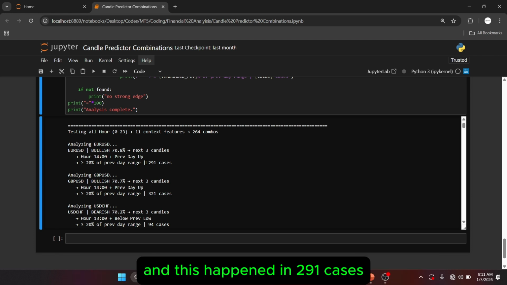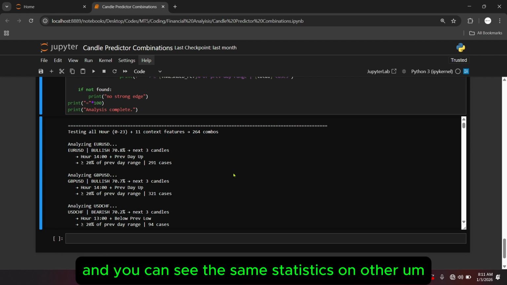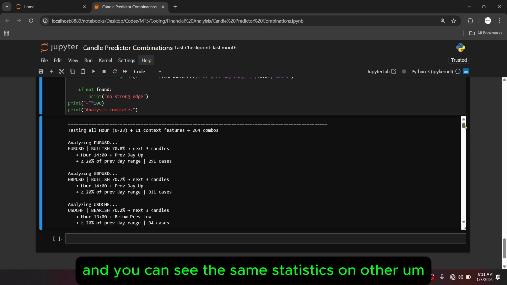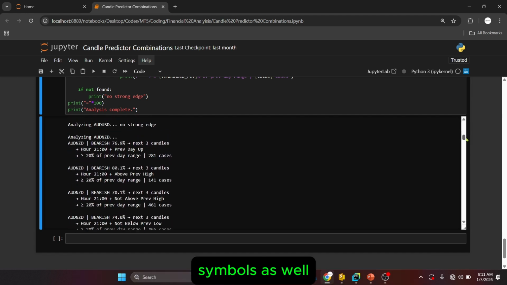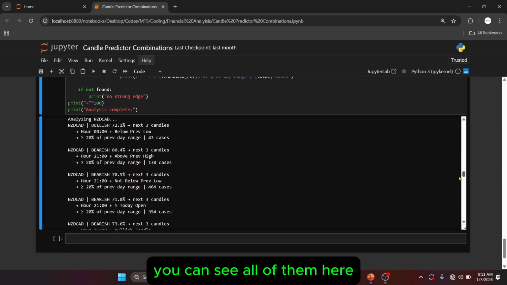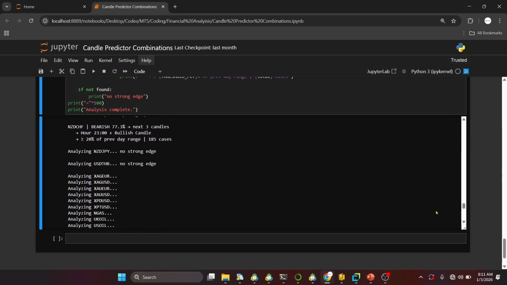And this happened in 291 cases. So this is a very simple way to find an edge. And you can see the same statistics on other symbols as well. You can see all of them here. And on some we have no strong edge.